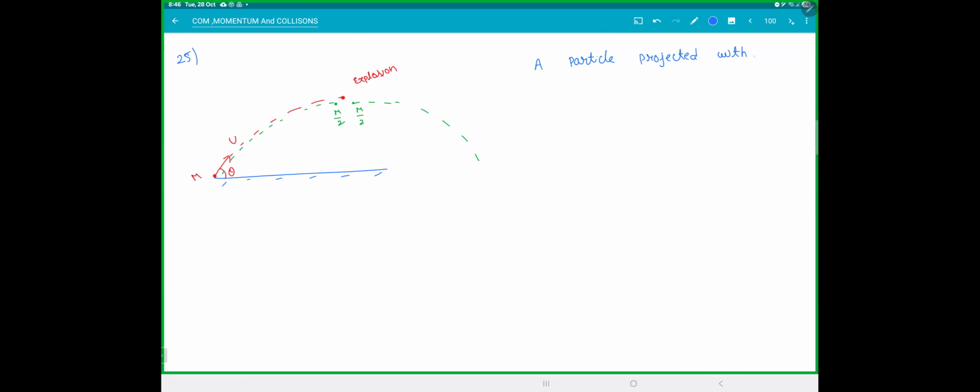A particle is projected with u and theta. At h max, it explodes into two equal pieces.